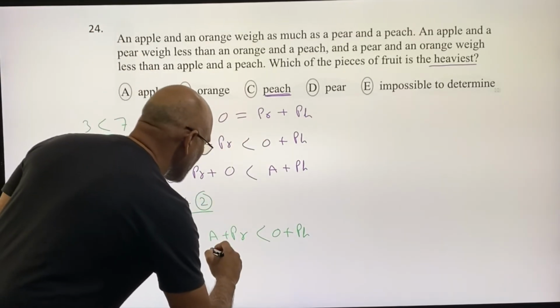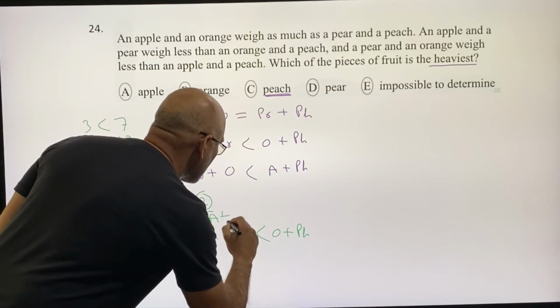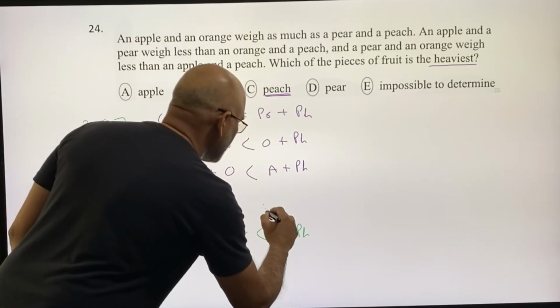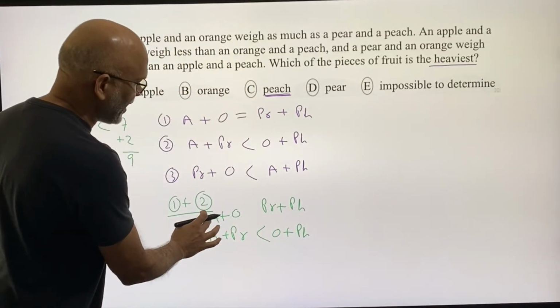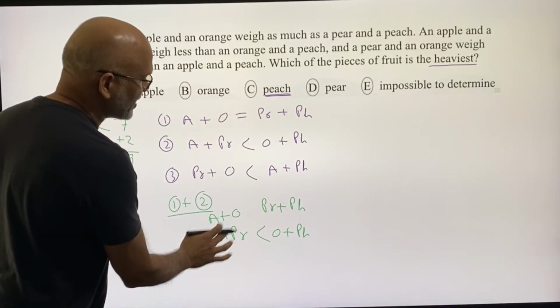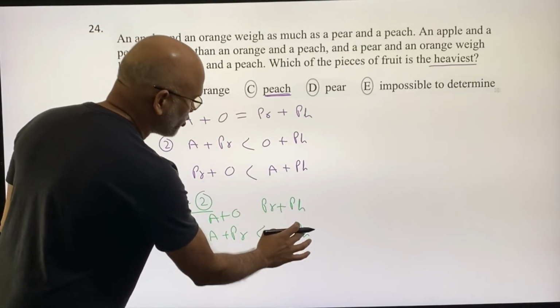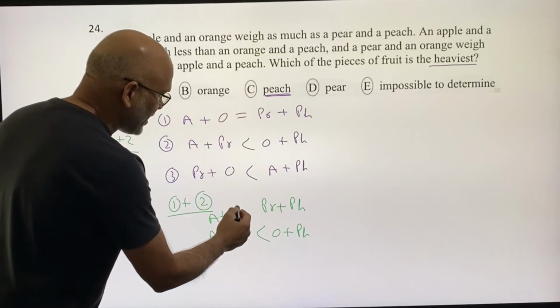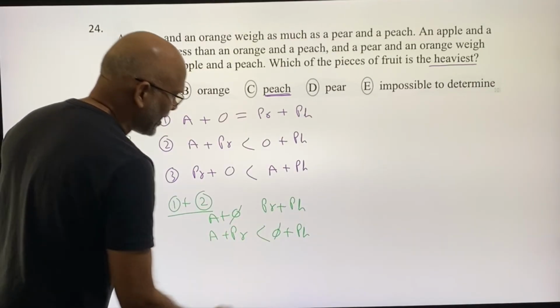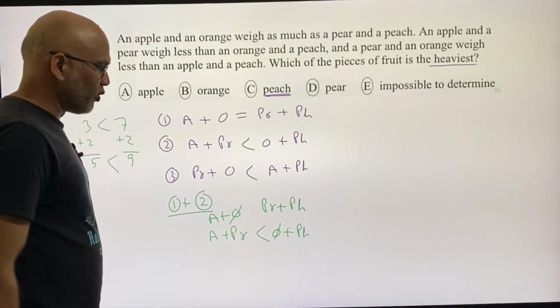So A plus O here, A plus O, and this side PR plus PH, right? So I'm adding A plus O to the left hand side and pear and peach to the right hand side. Once I do that, as you can see, I can take out orange from both sides, which is fine. The inequality will still hold.